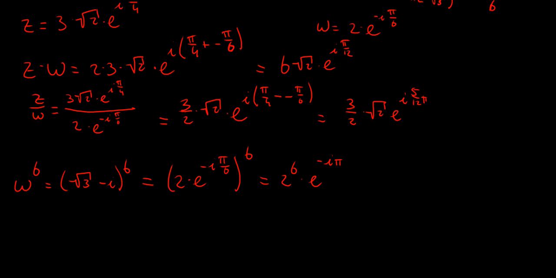So we get pi divided by 6 times 6, which results in pi. And 2 to the power 6 is actually just 64. So we get 64 times e to the power I minus pi. And I'm already done, while you're probably still working on this answer.